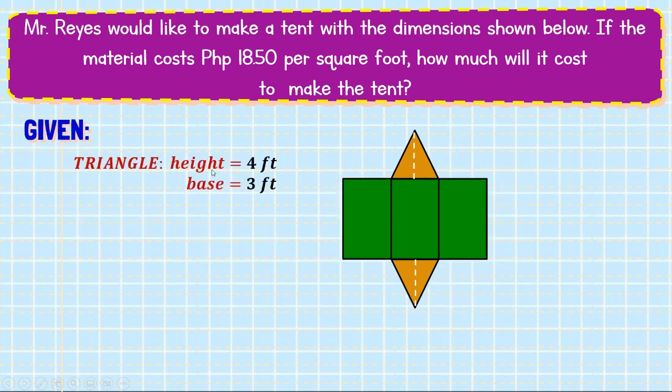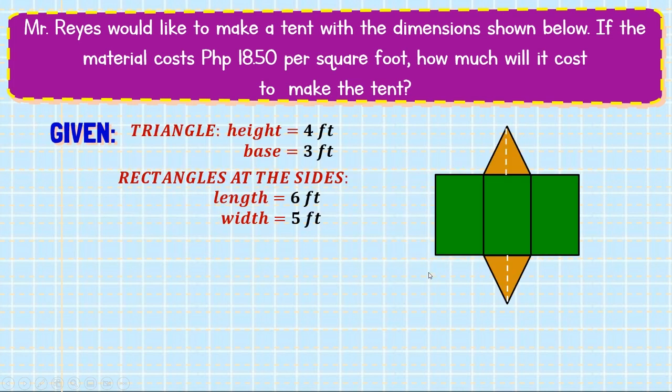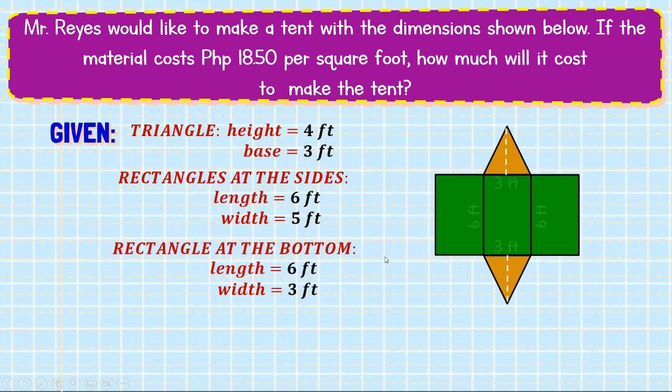The rectangular sides of the tent have length equal to 6 feet and width equivalent to 5 feet. And then, there will be the bottom of the tent. We have the 6 feet and 3 feet also.